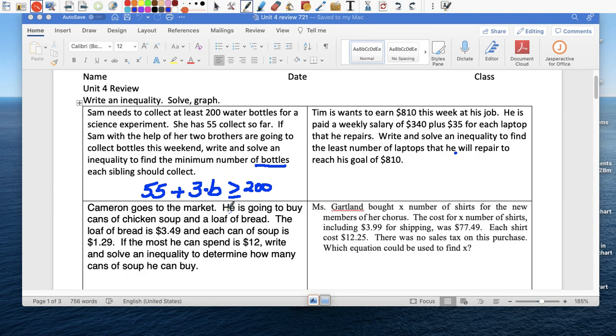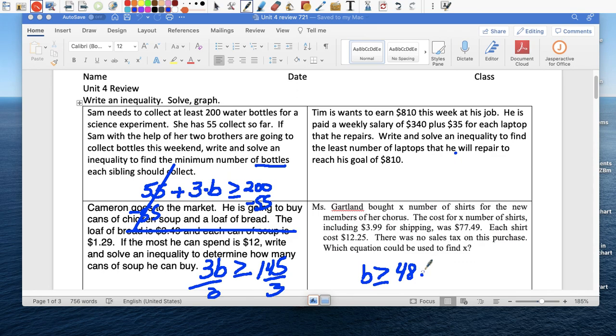So let's actually do it as an inequality. Minus 55. Didn't we subtract 55 from 200? Yes, we did. So here are you, the 3 siblings, and you have 145 bottles to collect. Divide this by 3, divide this by 3. The number of bottles that you have to collect, let me just do this officially, is 48.3.